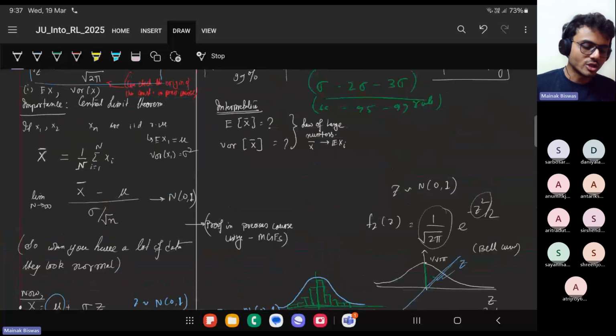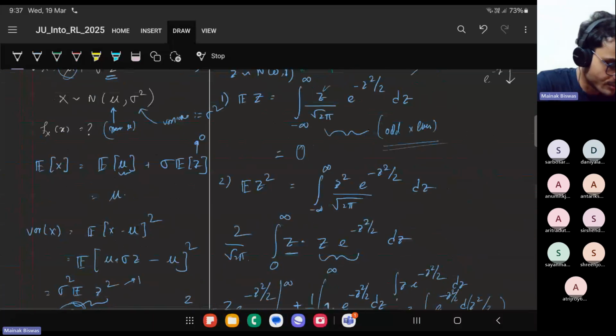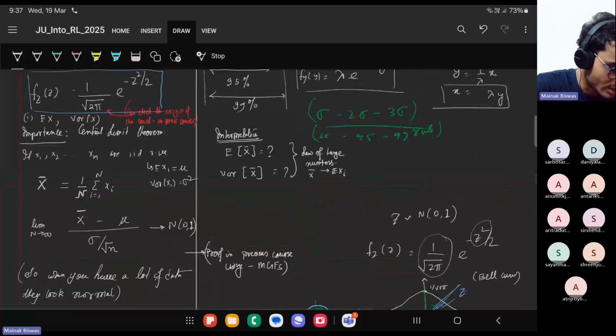The normal distribution has this wonderful property called the central limit theorem. I'll give you the link to the last time's video on what the central limit theorem is.